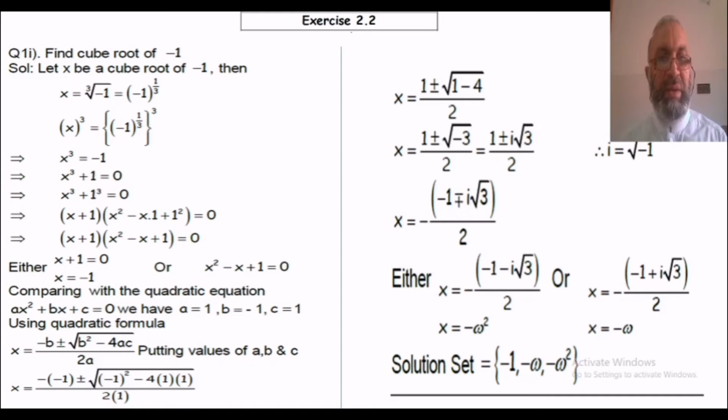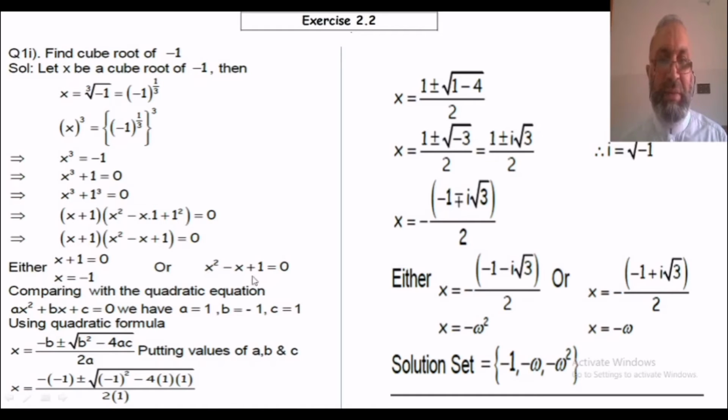Using that formula, expanding this, that becomes x plus 1 into x square minus x into 1 plus 1 square, and 1 square becomes 1. So we get two factors, x plus 1 into x square minus x plus 1 equal to 0. Again by factorization, x plus 1 equal to 0 or x square minus x plus 1 equal to 0. So from the first factor x is equal to minus 1, we get the first root.